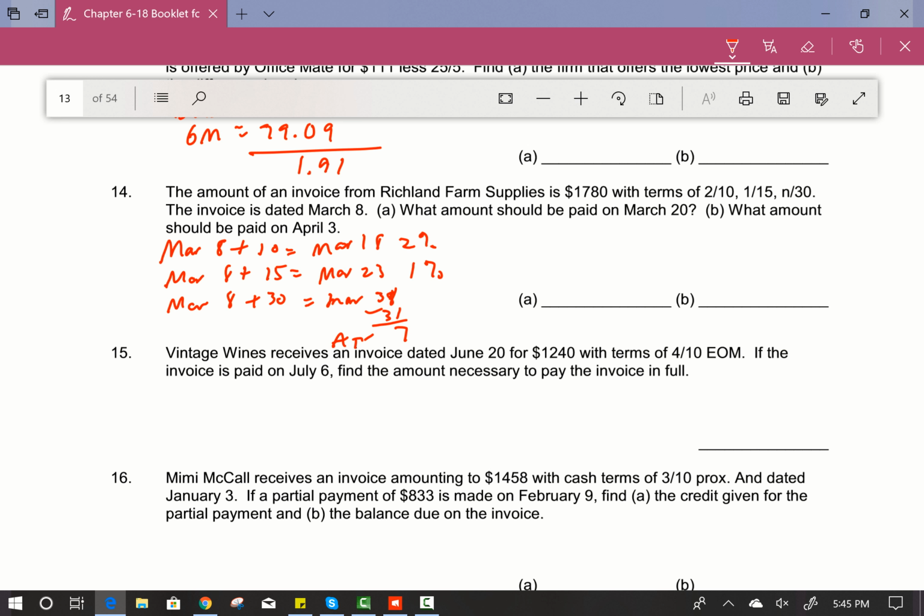So the amount of an invoice from Richland Farms is $17.80 with those terms, and it's paid on March the 8th. And March the 8th is before March the 18th, so therefore we do get the discount.